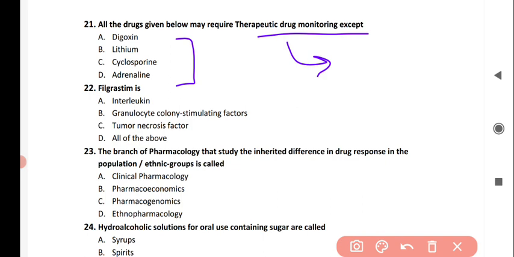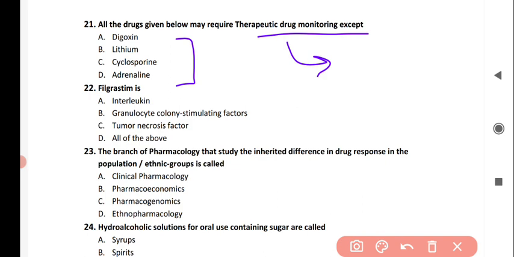So it is useful in several conditions, like if there are some drugs which are having low safety margin, like theophylline, digoxin, lithium. So in these cases we can use therapeutic drug monitoring. And also in case of poisoning, or if individual variations are large, and also in case of toxic drugs and antimicrobials, then we can use the therapeutic drug monitoring.